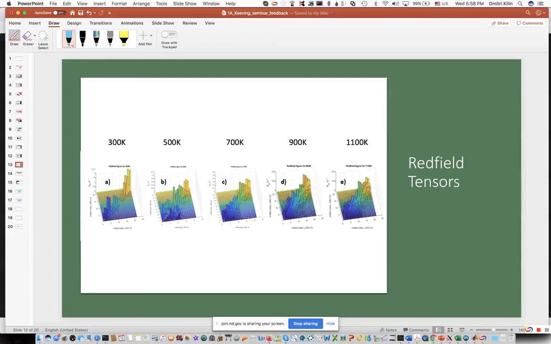All right. So here we have my rate tensor graphs at the different temperatures, and these graphs show the transition rates between different orbitals. If we look at the 300 Kelvin graph, we see that the transition rates for orbitals near the HOMO states are very low, very close to zero.